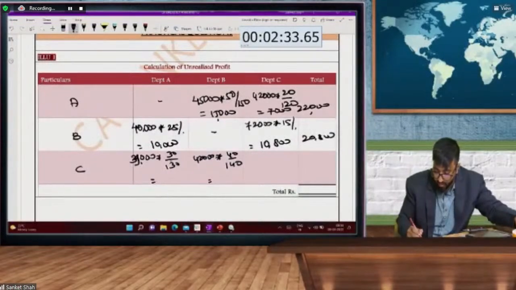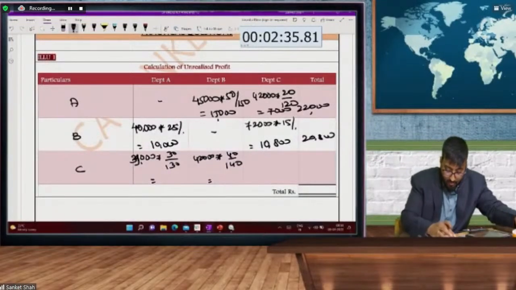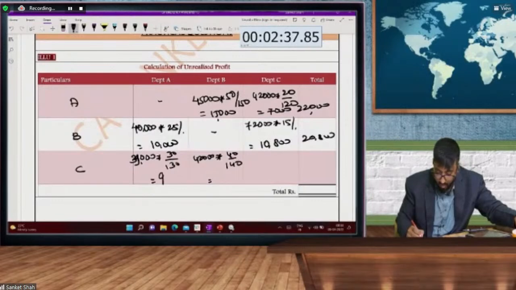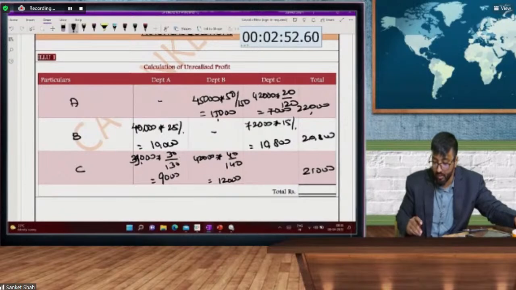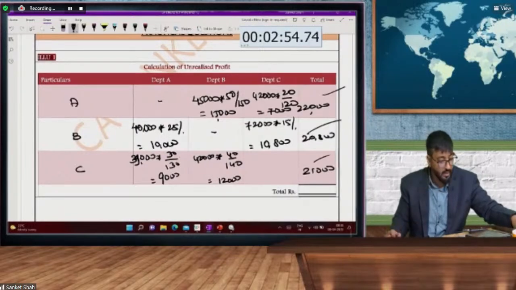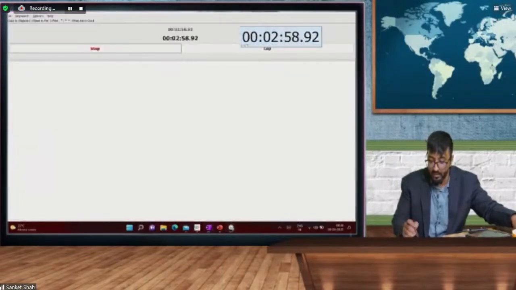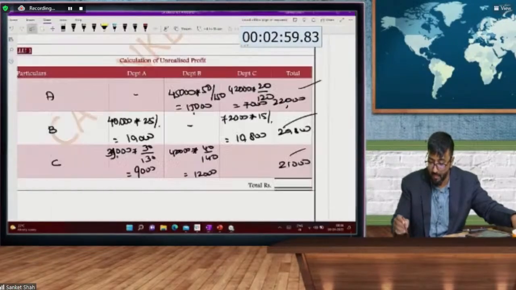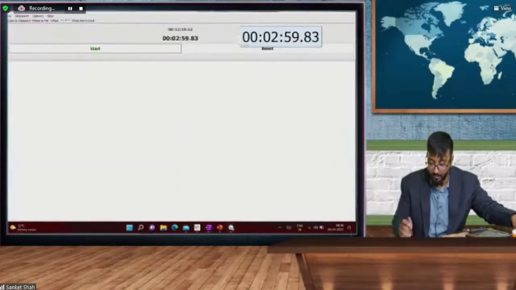Without calculator you can do it. 30 divided by 130, this won't work? Yes, this will also work. So this will be your 9,000. 9,000, why? 13 3s are 39, and 140 is 14 3s, and 3 and 12,000. So this is 21,000. 22,000, 20,800 and 21,000 is the correct answer. Beta, 3 minutes, 4 minutes maximum. Yes, it's easy.